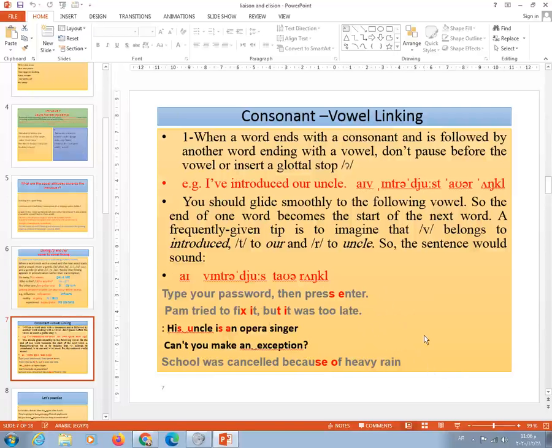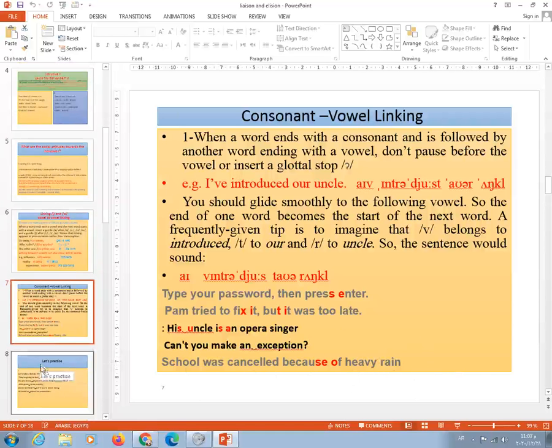His uncle is an opera singer. Can't you make an exception? School was cancelled because of heavy rain. Please repeat. Now let's practice.